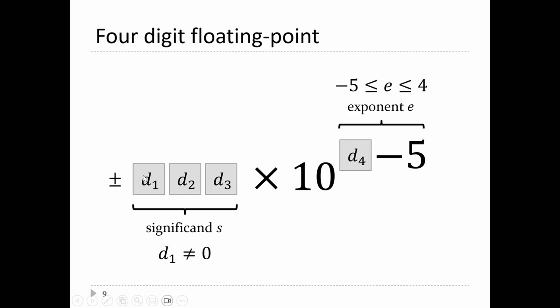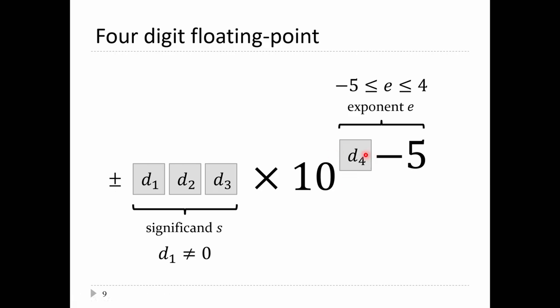So we have 3 decimal digits, so values between 0 and 9. The first value, for simplicity, we're not going to let it be 0. So in other words, D1 has to be at least 1. We're not going to worry about the sign. The standard actually specifies how the sign is represented. We don't care. We're just going to write down plus or minus.